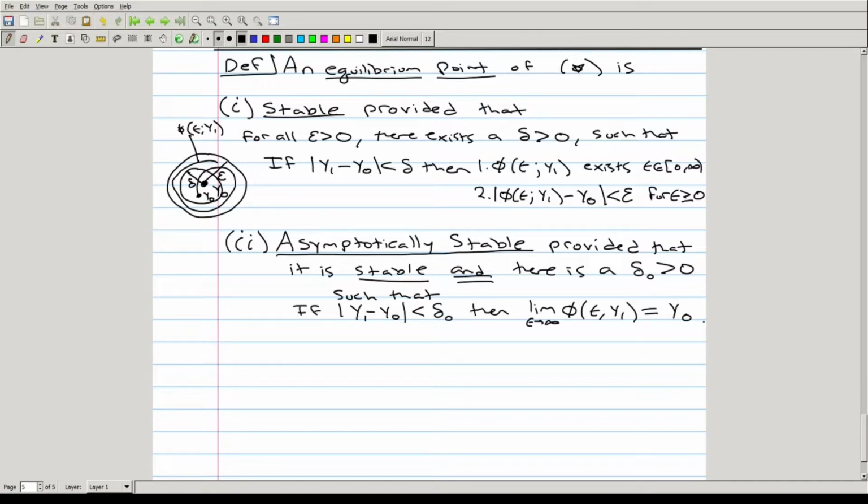So this is a very important distinction. For an asymptotically stable equilibrium point, if you start close to the equilibrium point, you'll end up going to that equilibrium point. In the limit, the solution will evolve to be that equilibrium point.